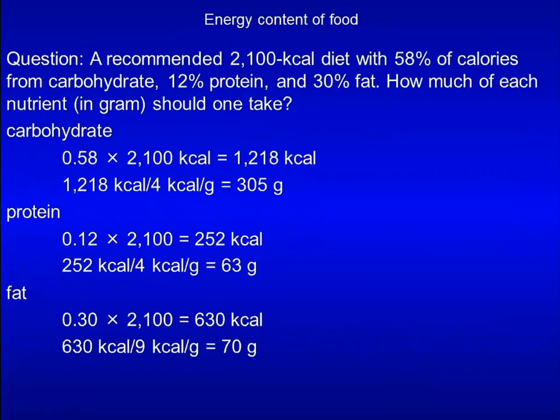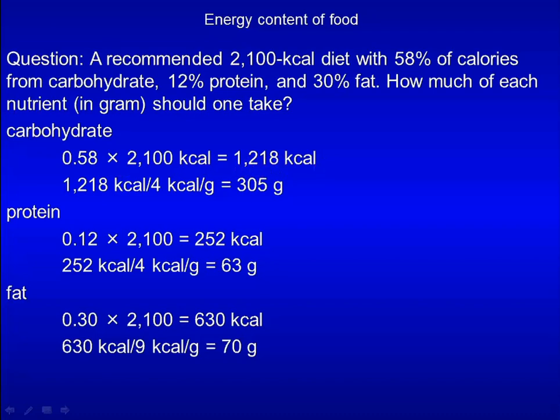Here is a question. A recommended 2,100 kilocalorie diet has 58% of calories from carbohydrate, 12% protein, and 30% fat. How much of each nutrient should one take? Since 58% of calories are derived from carbohydrate, total calories times 58% gives you calories derived from carbohydrate, which is 1,218 kilocalories.